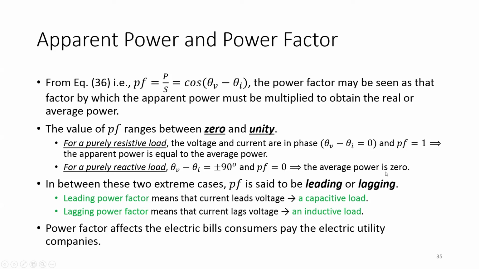So in that case average power would be 0 because P by S is equal to 0, so S multiplied by 0 would result in an average power of 0. And for the mixed scenario, when we have some portion of the impedance as resistive and some as inductive, then leading power factor would mean the capacitive load, and the inductive power factor means the lagging load.